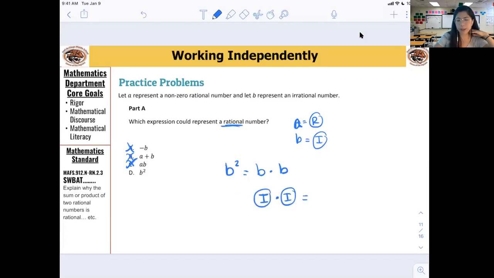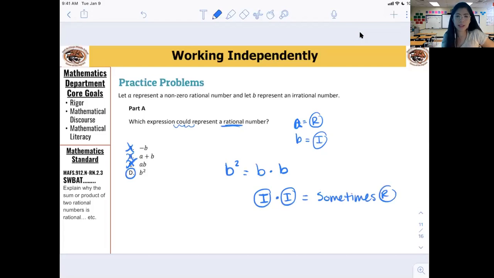And what do we know about irrational times irrational? It sometimes equals a rational. Yeah, sometimes it's rational. So which of these could represent a rational number? D sometimes can. So that's the only one that can. Even though it's not always going to be rational, it could be rational.